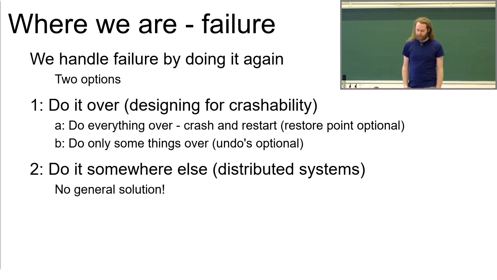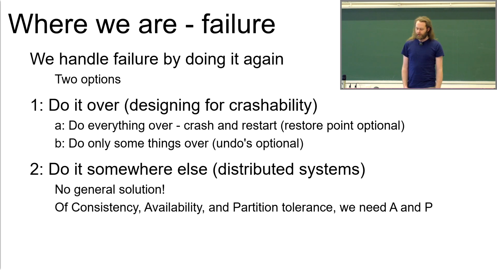The problem with distributed systems was that there is no general solution. So you can't just import distributed systems.h and it works. You need an application-specific way of thinking about it. And in our applications, typically of the 3 of consistency, availability, and partition tolerance, we need availability and partition tolerance, right?